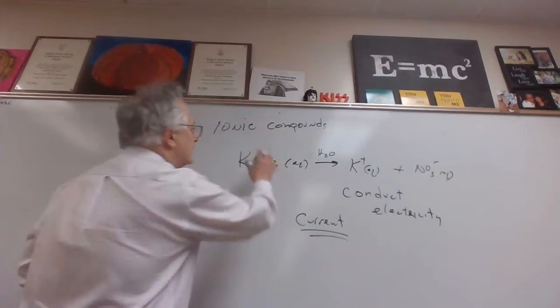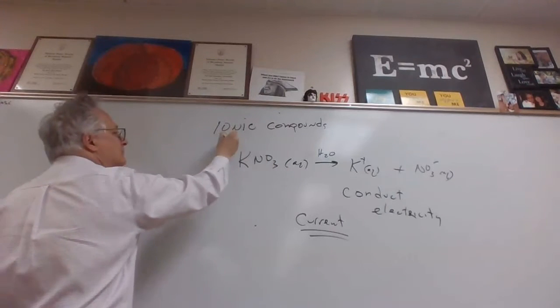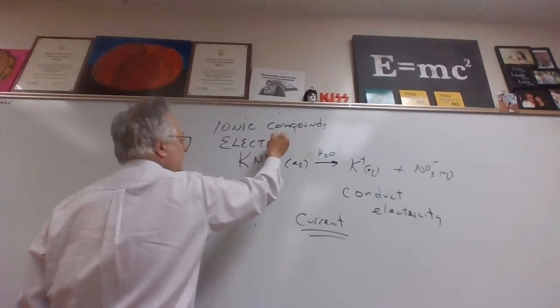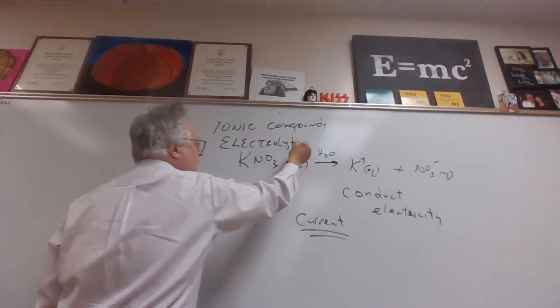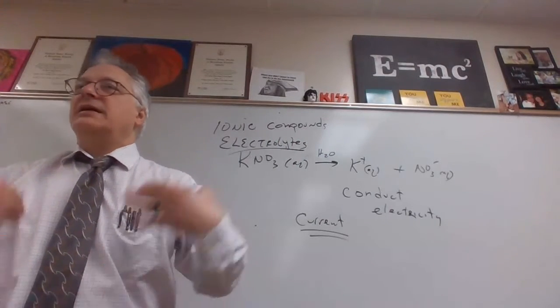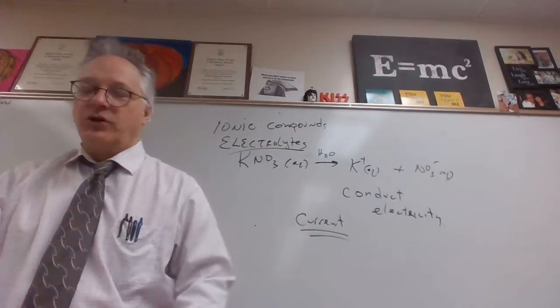So these ionic compounds are sometimes called electrolytes for that very reason, for this idea that these ions are produced and they have charged ions.